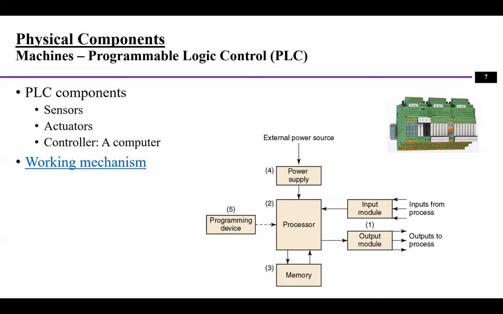If I lift both of my hands, the door will be closed. So if I lift my left hand, you will see the door open. If I lift both hands, you will see the door is closed. So PLCs use those logics to control the automation.